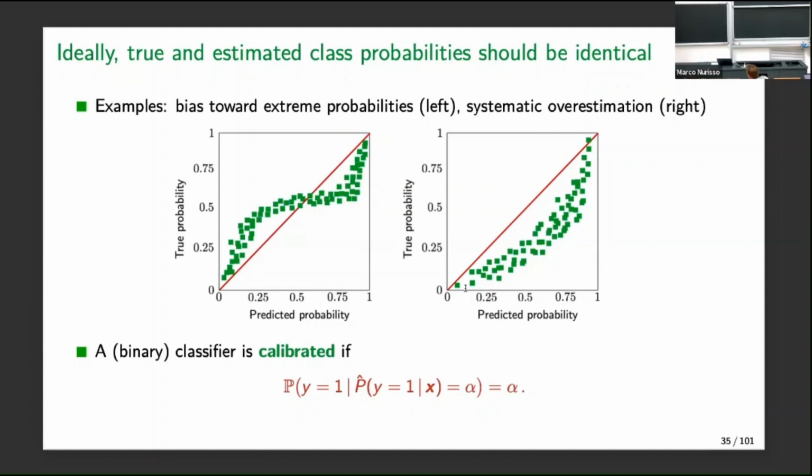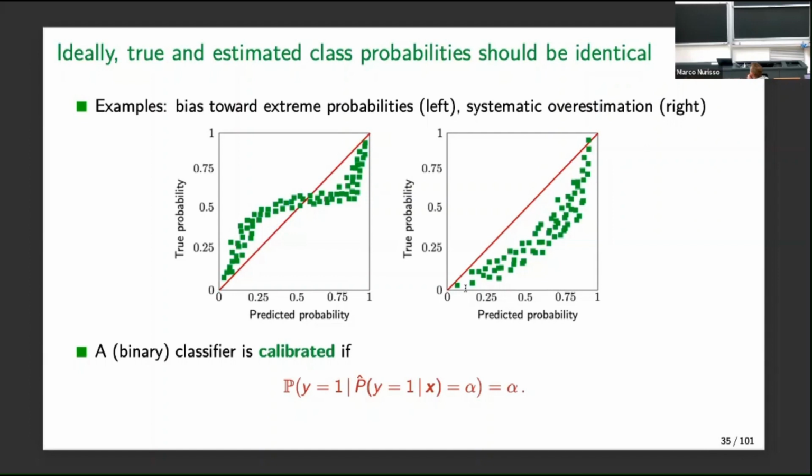We look at the condition that our predicted probability for class 1 is a certain value alpha. Then if that value is alpha, we should observe that the probability of the label being 1 according to our underlying distribution should also be alpha.